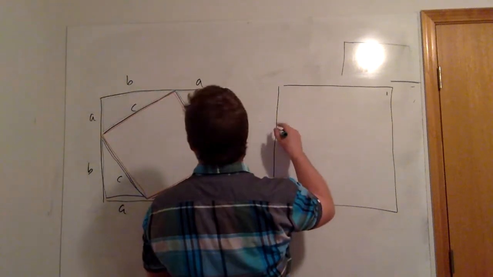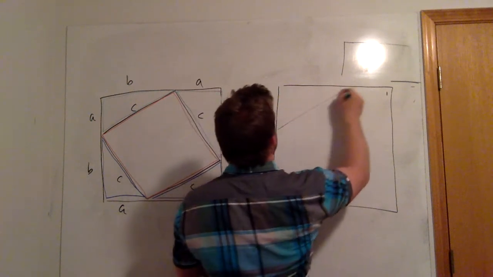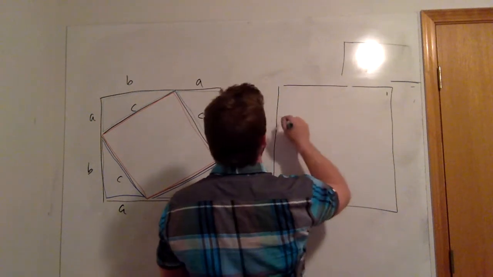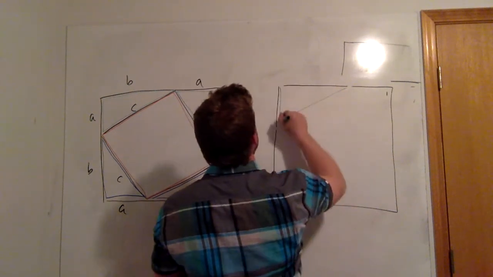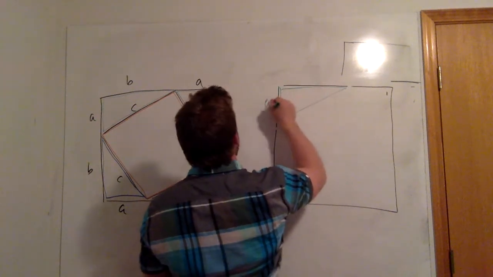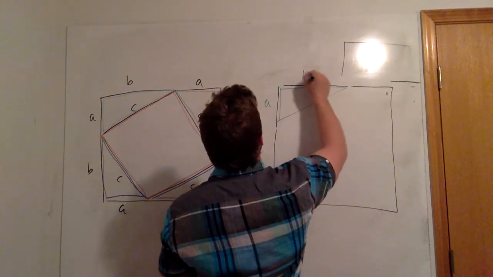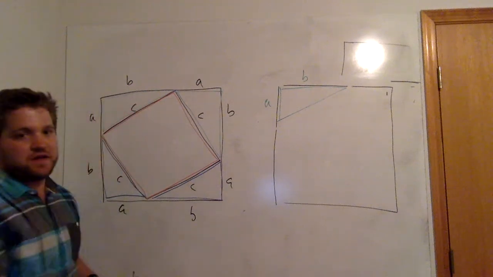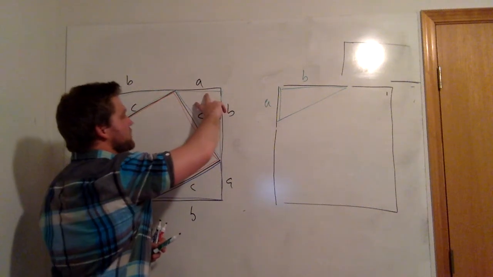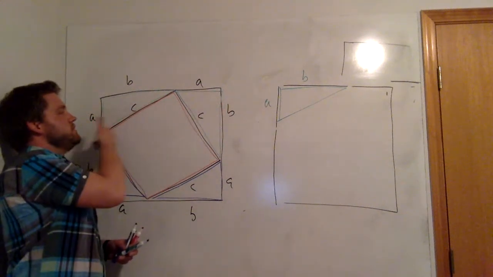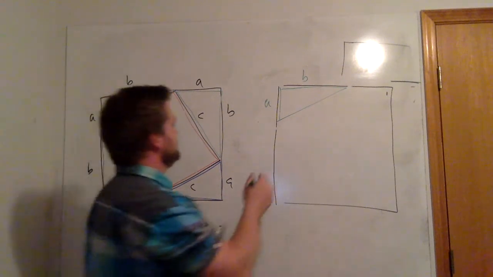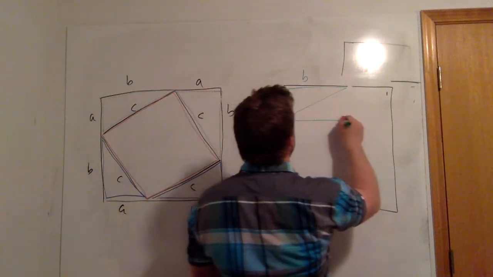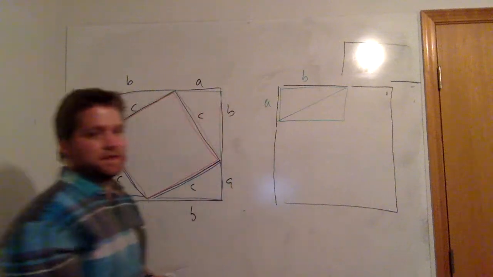So I will have the same green triangle right here. Keep that there. So this is A and this is B. And I'm going to take this green triangle and rotate it so it fits right here so I get a nice rectangle. So let's rotate that so that other triangle will be right here.